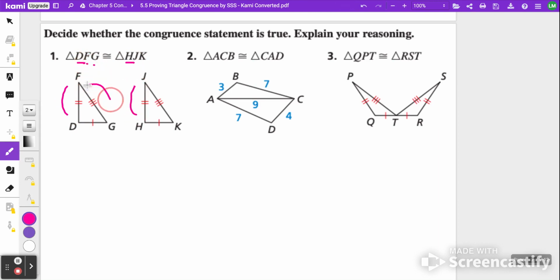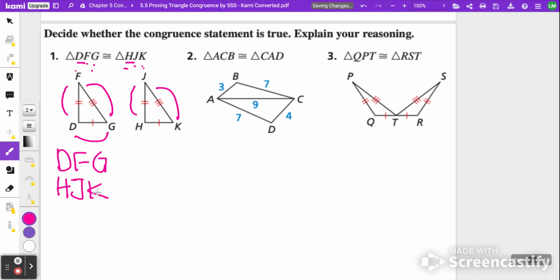FG must match JK. And finally, DG should match HK. This is one thing that you can do. It's called the stack: DFG and then HJK. Each of those letters has to correspond with the letter below it. So this one is yes, using side side side.